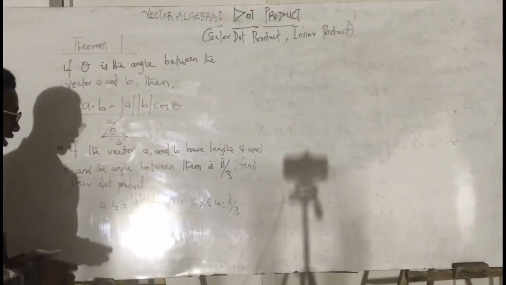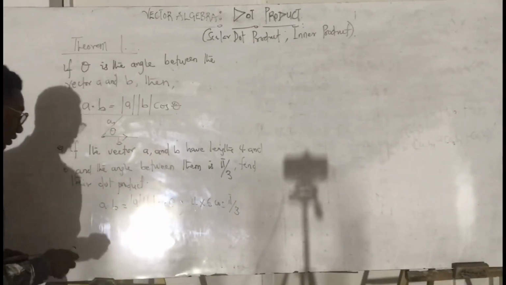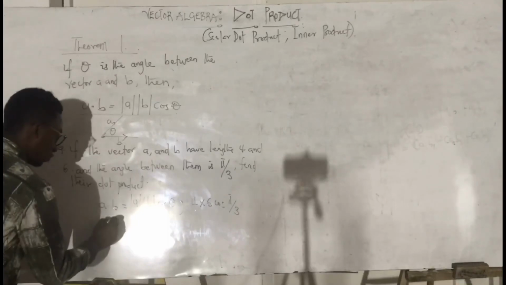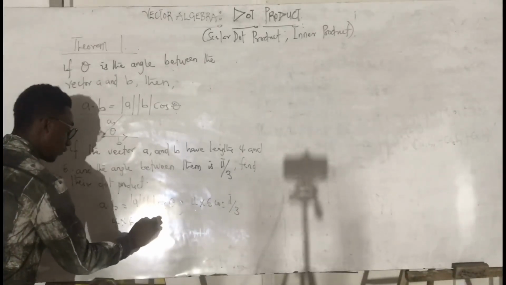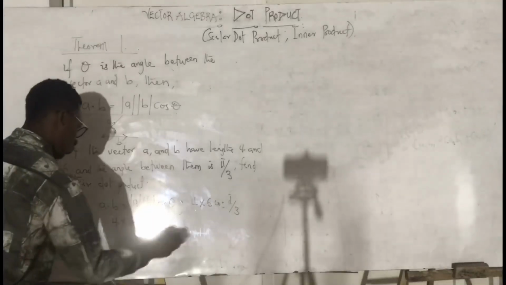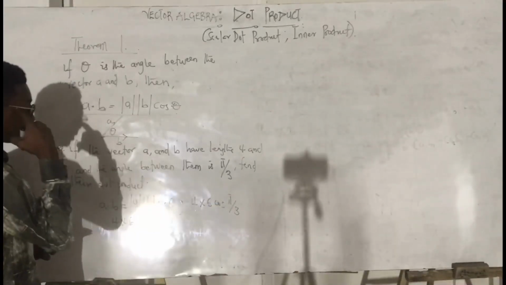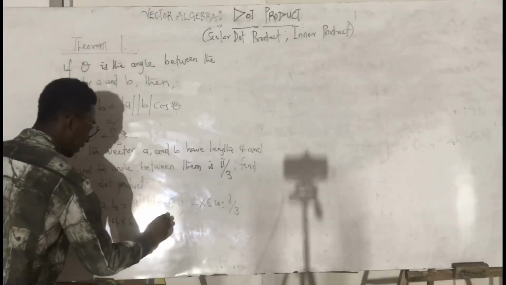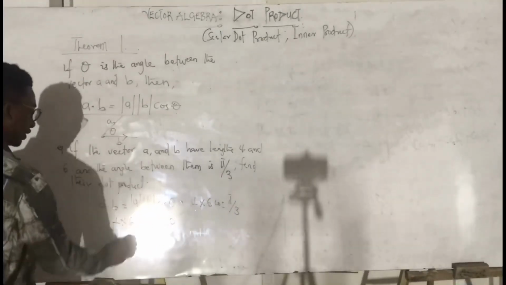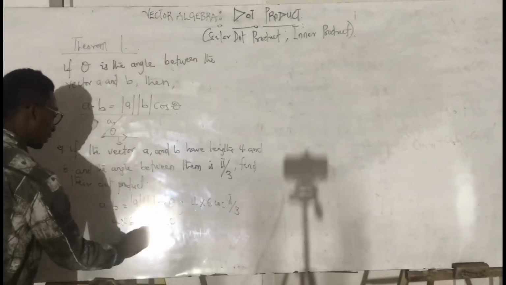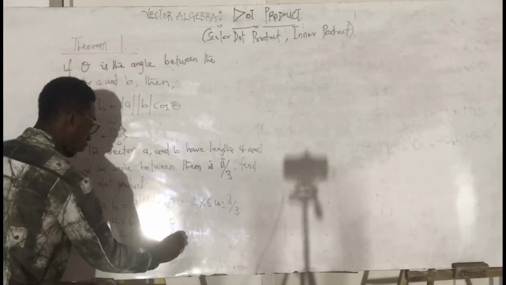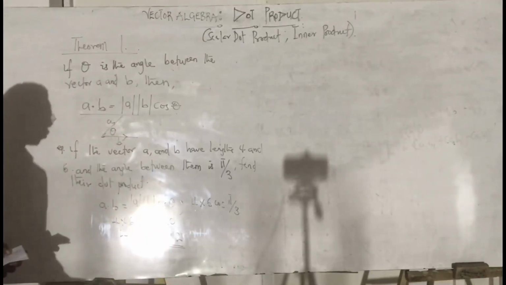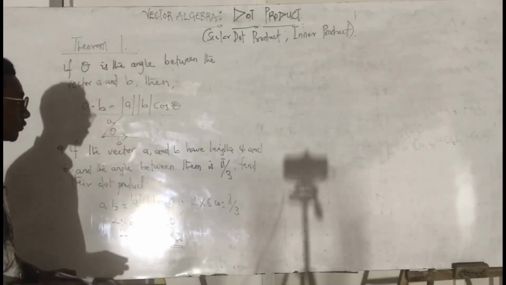In terms of radians, pi radians is 180 degrees, so 180 divided by 3 gives cos 60. Cos 60 is equal to half. So you get 4 times 6 times a half, which gives you 12. So the dot product will be equal to 12. All right.